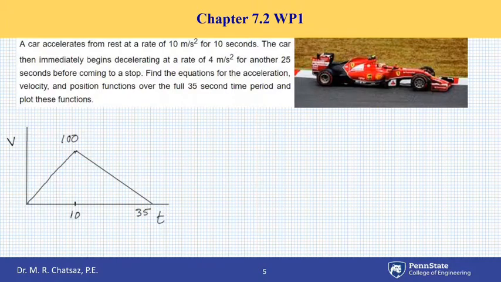V for the first part is 10t, and for the second part, we found, minus 4t plus 140.